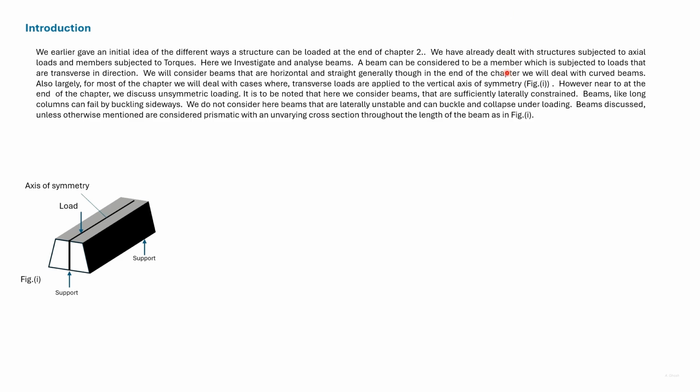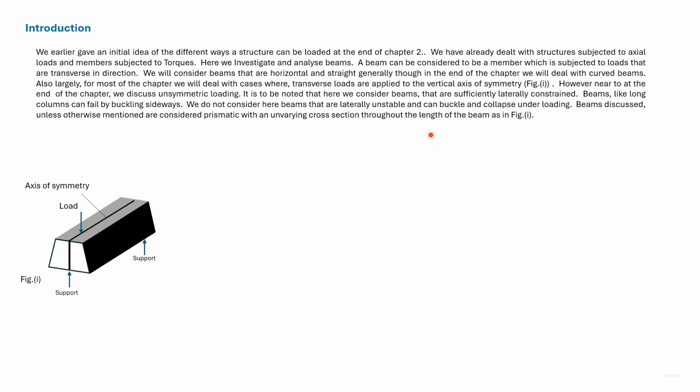We have earlier mentioned the method of sections, which is used to find internal forces. We have found internal forces in bars subjected to axial loads and circular bars subjected to torque. We'll do the same thing with beams.